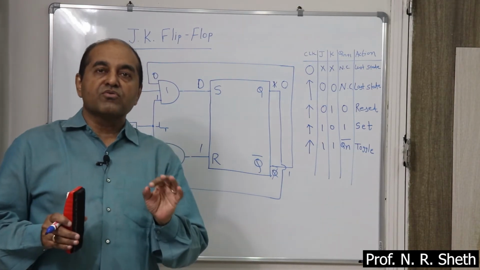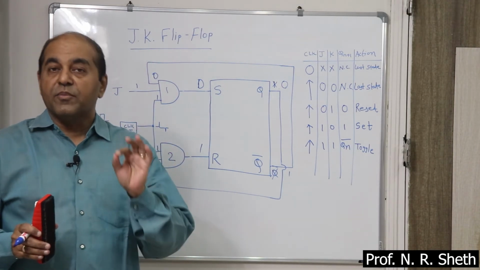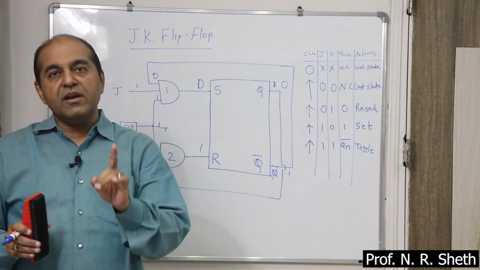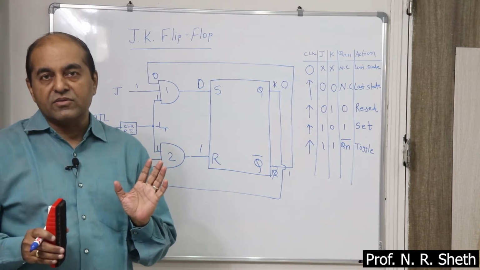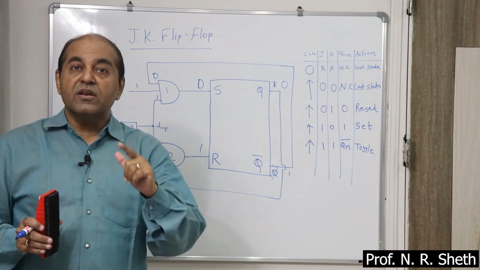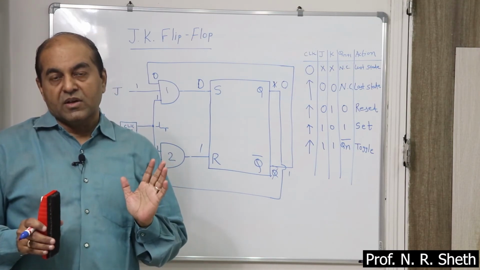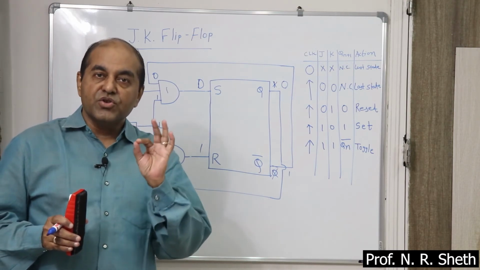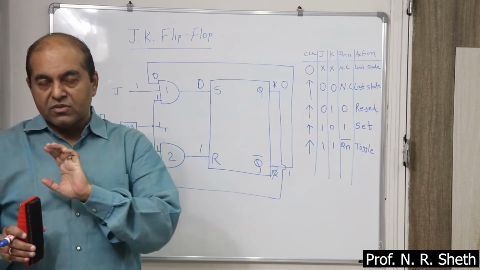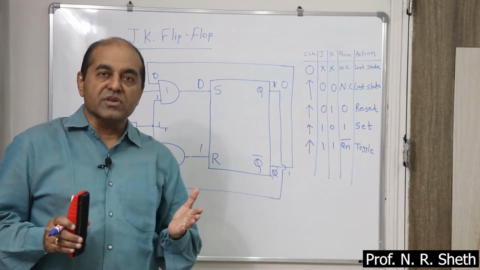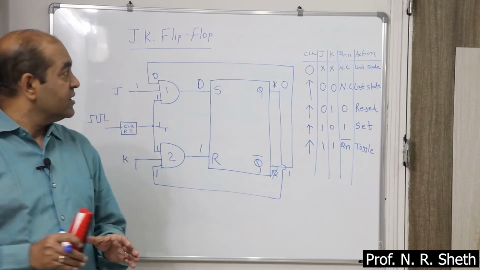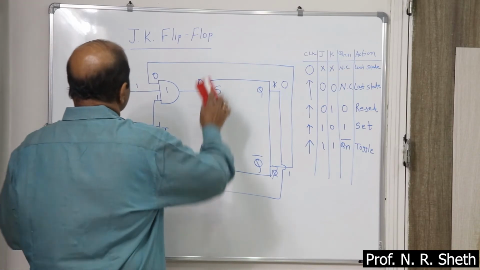So in exam, you have to explain this part in a proper manner. That when J is 1, K is 1 and positive edge triggered clock arrives, flip-flop changes the state in opposite direction. Suppose in previous stage Q is 1, in next Q becomes 0. Or in previous stage Q is 0, then on next Q becomes 1. This is said to be toggling.